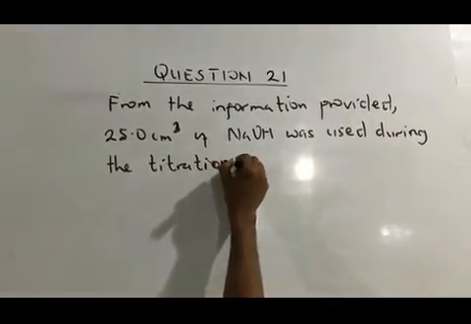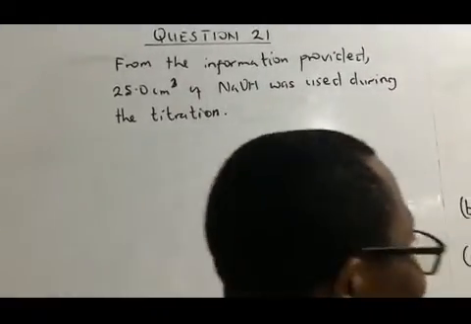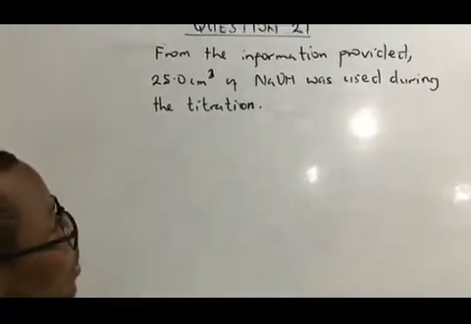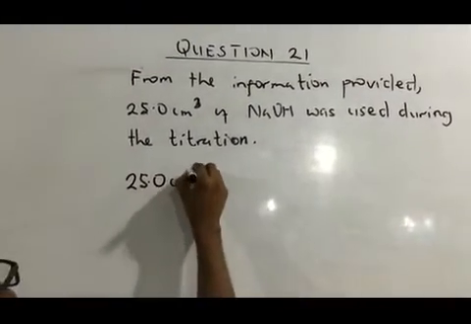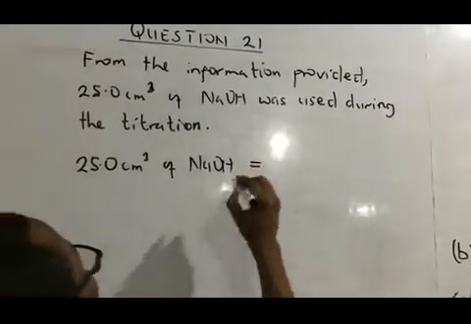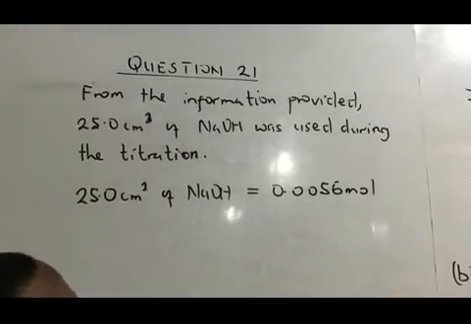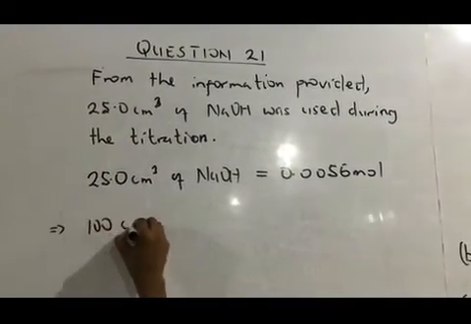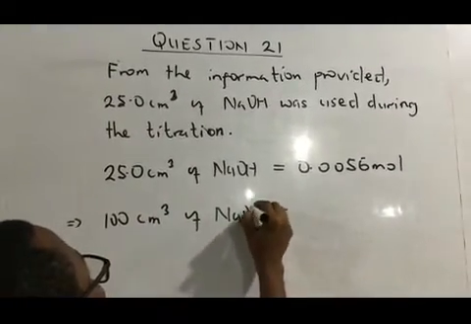So if 25 cm³ was used during the titration, then it means that the mole we have calculated is actually present in this 25.0 cm³. So we use proportion. 25.0 cm³ of the NaOH solution is giving you 0.0056 mole. So therefore, 100 cm³ of the NaOH solution will give you what mole.